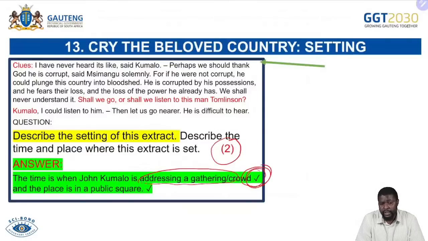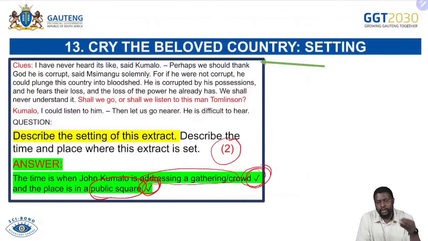Time is not morning or afternoon. So here, you are not going to say it was morning or it was afternoon. You must tell us what was happening here. What is the event? It was the time when John was addressing a gathering crowd. Now, where? In a public square. Here is your second mark.